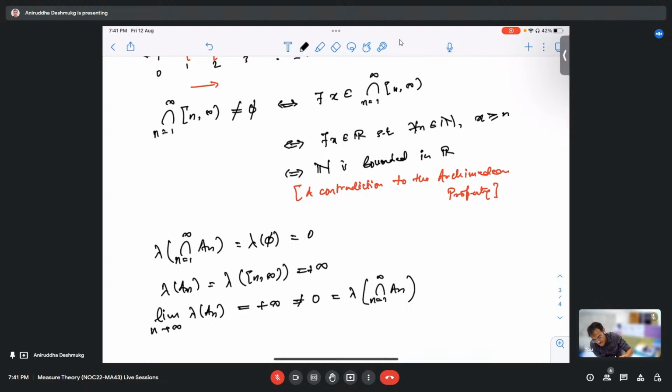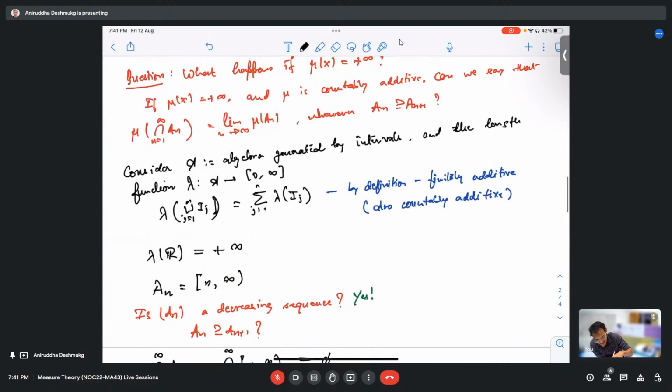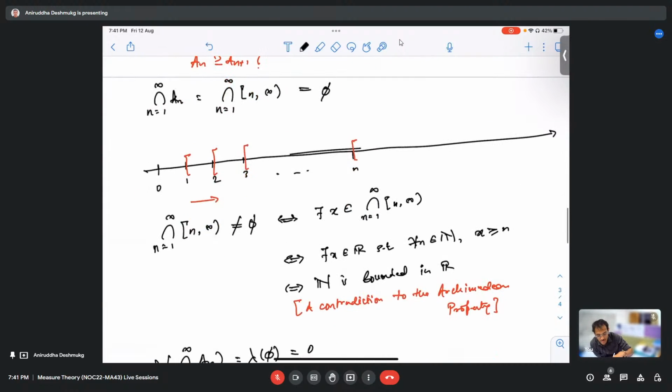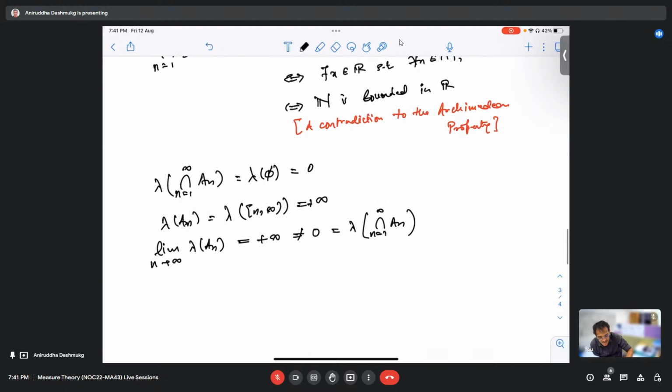So you see the problem. If the whole space has infinite length, then we can always find subsets of infinite length whose intersection is empty, but then this equality cannot hold. The limit of lambda of A_n is not equal to lambda of the intersection of A_n. Is this clear?